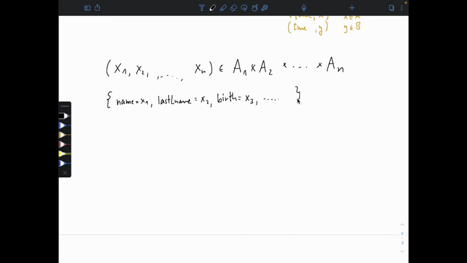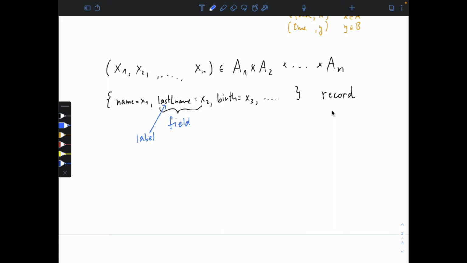And this is usually called a record. One of these things is called a field, and this thing here is a label of the field. You label the fields, and you get records.